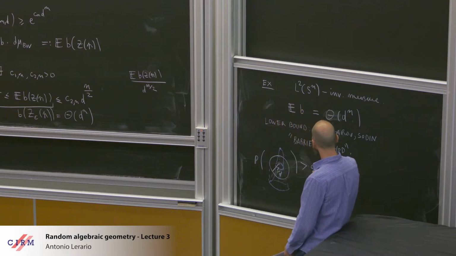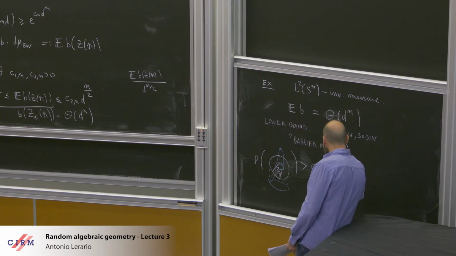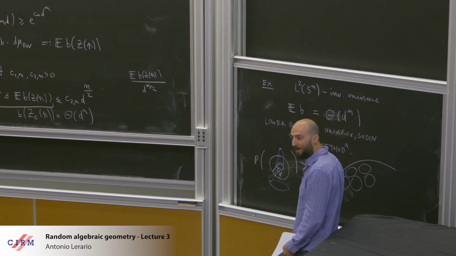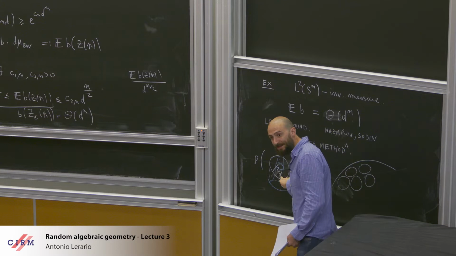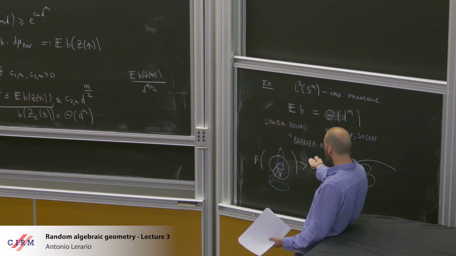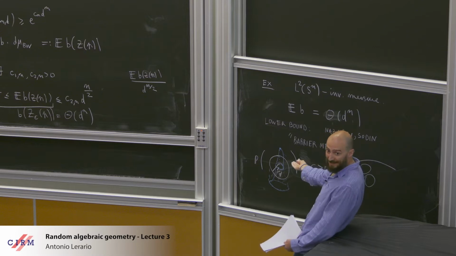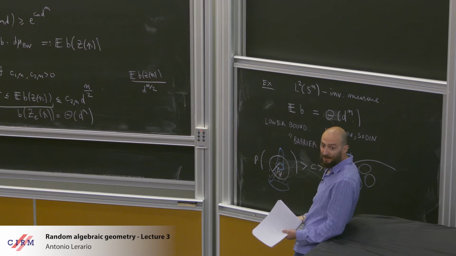And then, this explains the appearance of this d to the n: they cover the projective space with many such disjoint disks. How many such disks can you fit? Order d to the n, because it's a disk of radius 1 over d, so it has volume about 1 over d to the n in projective space, and you can fit order d to the n such disks.